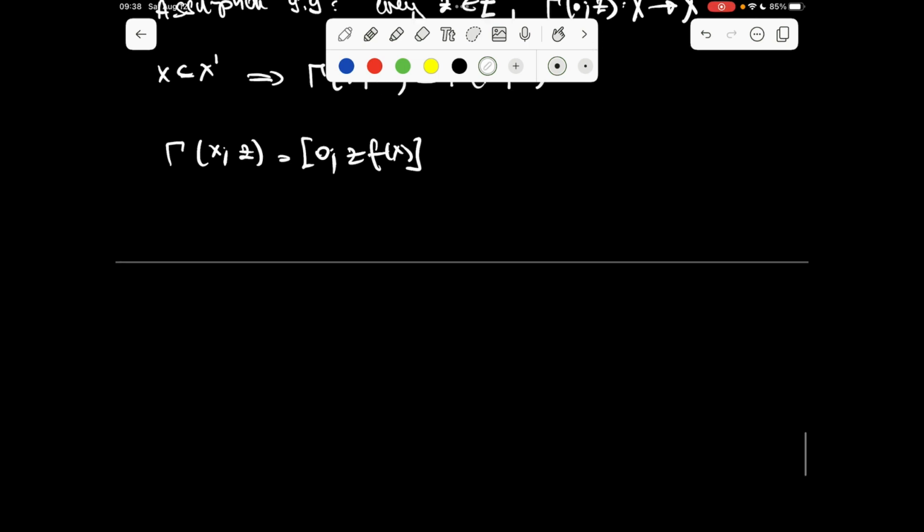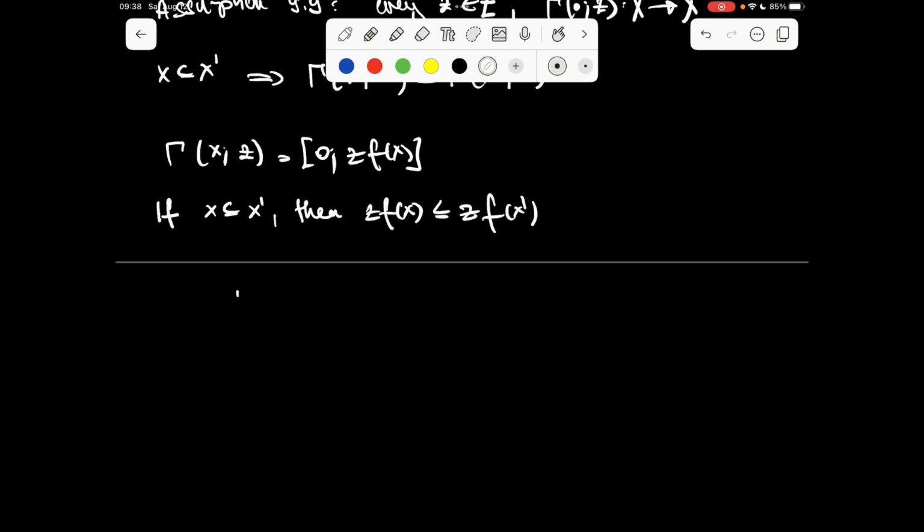If x is not higher than x prime, then for any given z, this relation holds.